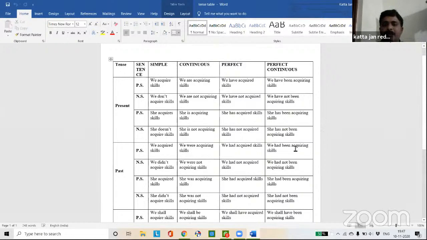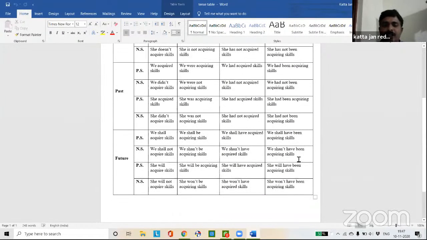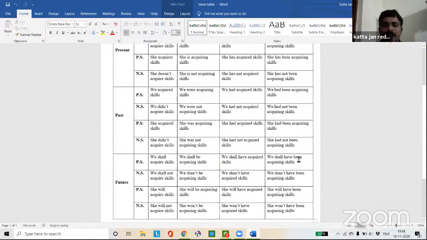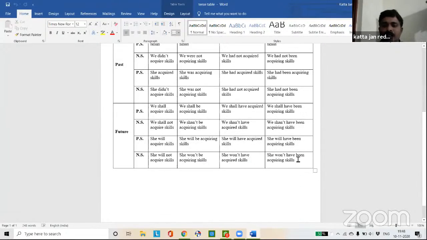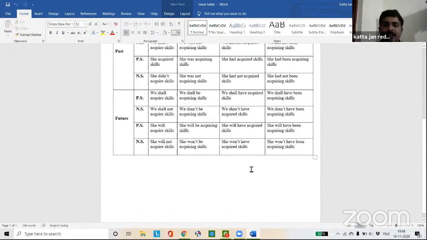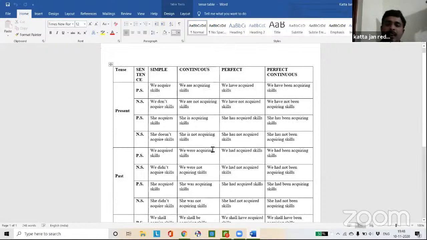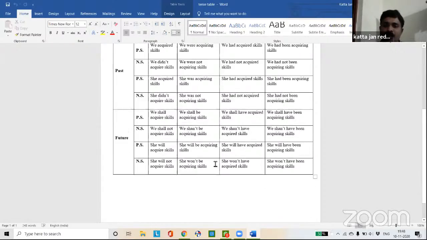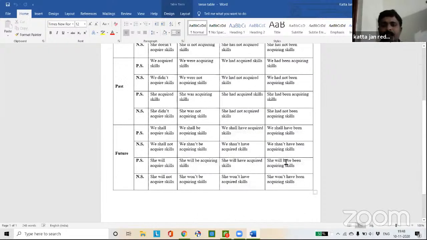So if you wish, you can take a screenshot of it, or else I'll share the same with you in the group. This is where we can see the entire tense. But I excluded the interrogative and negative interrogative sentences, because this table would become bigger than this. Of course, this is somehow bigger.